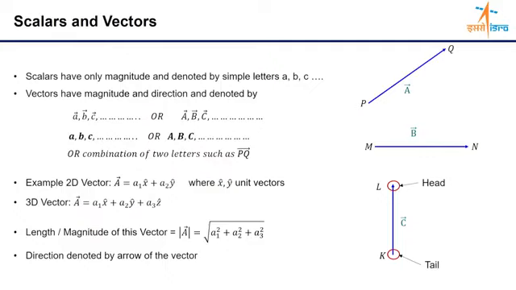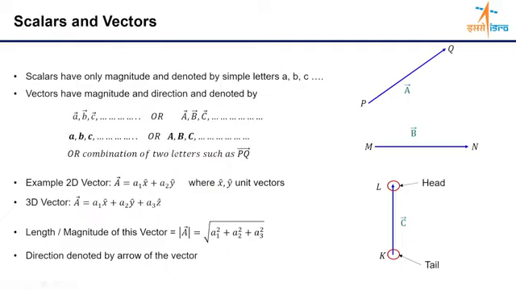Vector quantities have both magnitude as well as direction. A vector may be represented like this: small a, b, c with an arrow, so you can say a vector, b vector, c vector, or you can represent them by capital letters with arrows, or by bold letters without arrows, small or capital. These are the notations to represent a vector quantity.